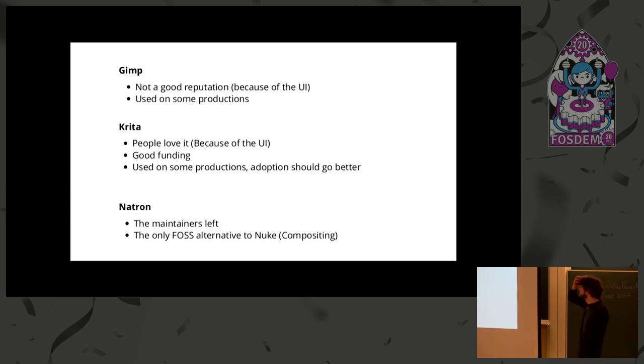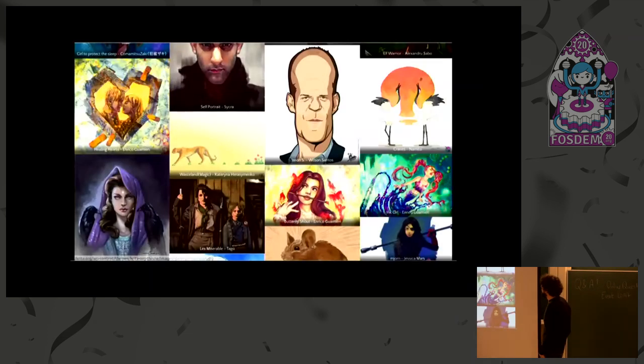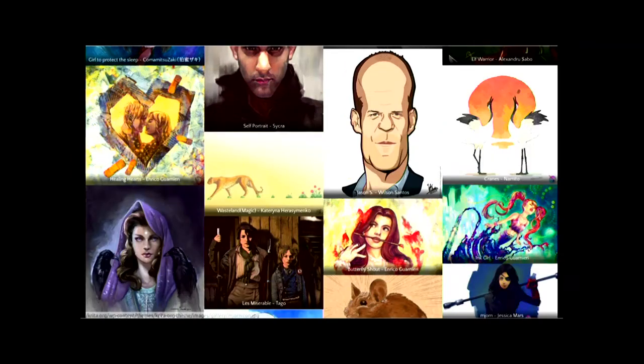Because in animation movies, most of the time, and even in big VFX movies, the backgrounds are 2D pictures that are done with Photoshop or similar. Here are some pictures made with Krita that I took from the Krita gallery. So you can see that you can do everything you want with it when it's about 2D pictures.